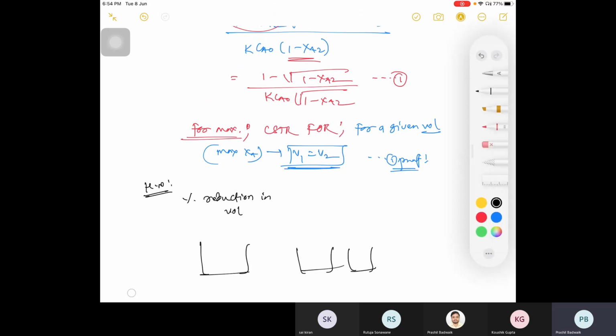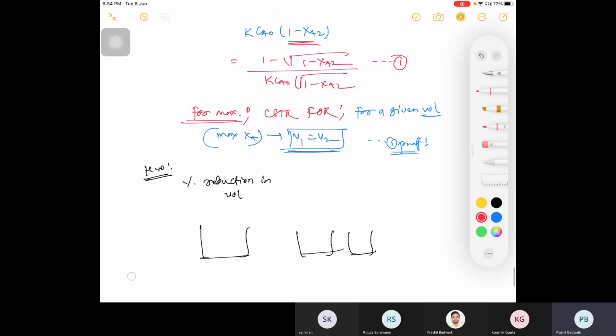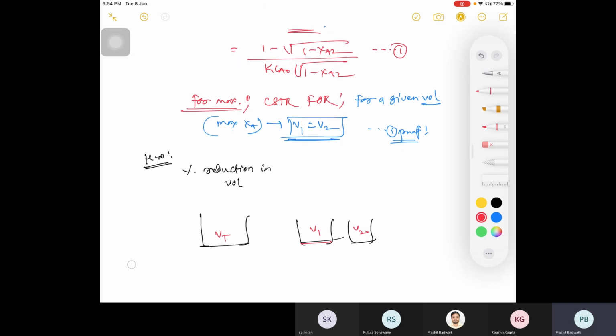What I did here is, this is the total volume, I break it into V1 and V2. So please don't confuse, VT is not equal to V1 plus V2. Here I am getting XA final, this is your XA naught, here I am also having XA naught and this is XA final.